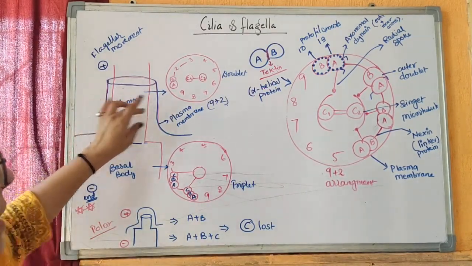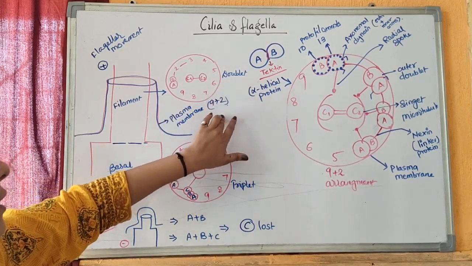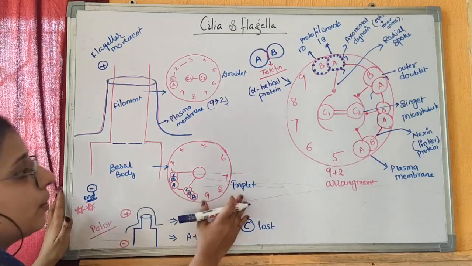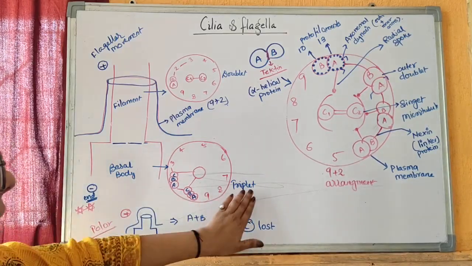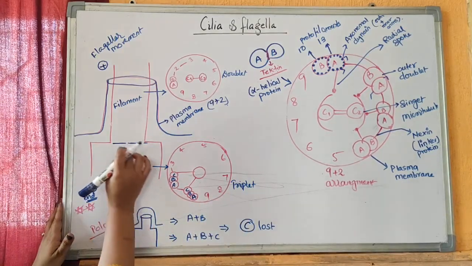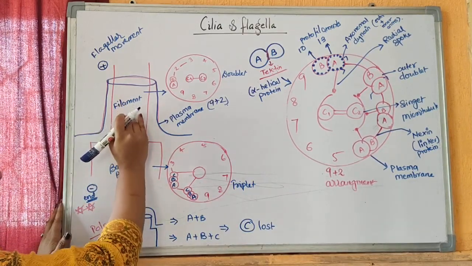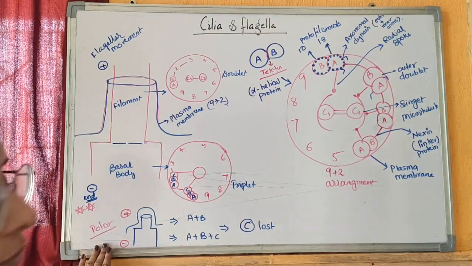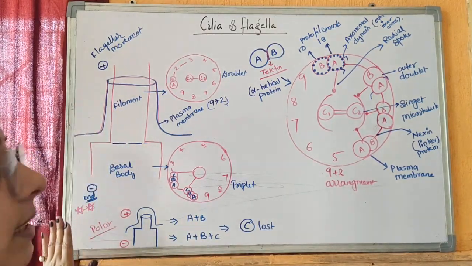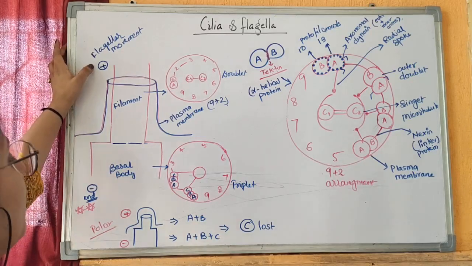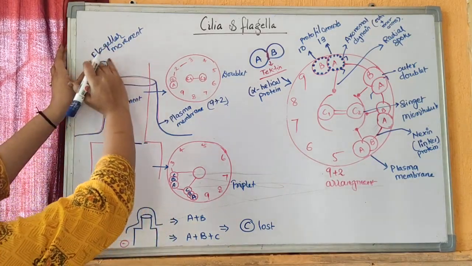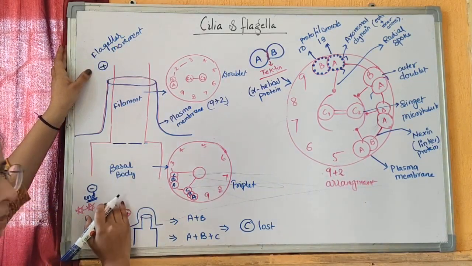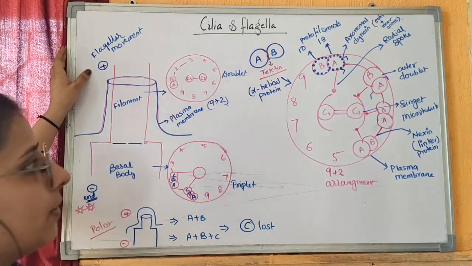This filament part has the 9 plus 2 doublet arrangement and is covered with plasma membrane, while the basal body has a triplet of microtubules, and during the attachment of the basal body with the filament part it loses the C ring. But the polarity of the filament and basal body remain the same. The plus end is to the outer side and it shows the flagellar movement, while the negative end is toward the basal body part and it attaches to the surface of the cell.